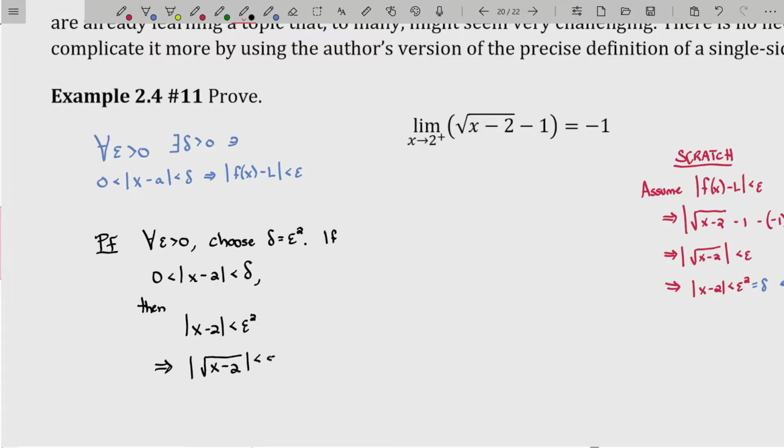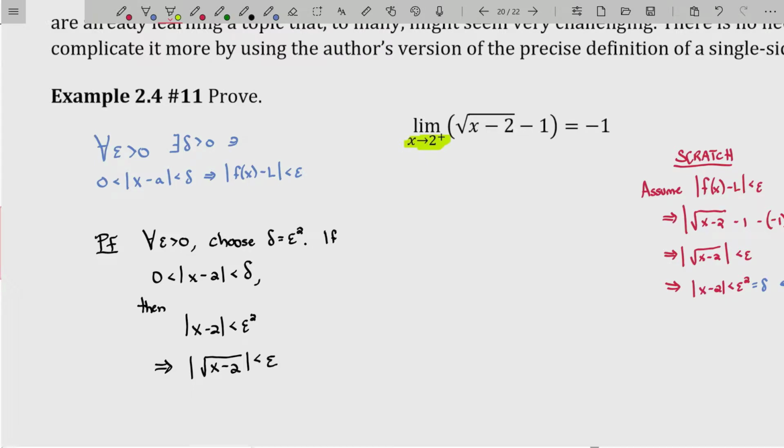Now, again, this is where somebody might say, aha, but you can't take that square root inside the absolute value unless you are 100% certain that x is greater than 2. Well, I am. I'm 100% certain that's true because that's what the limit is. So again, I'm doing a little bit of hand waving here.